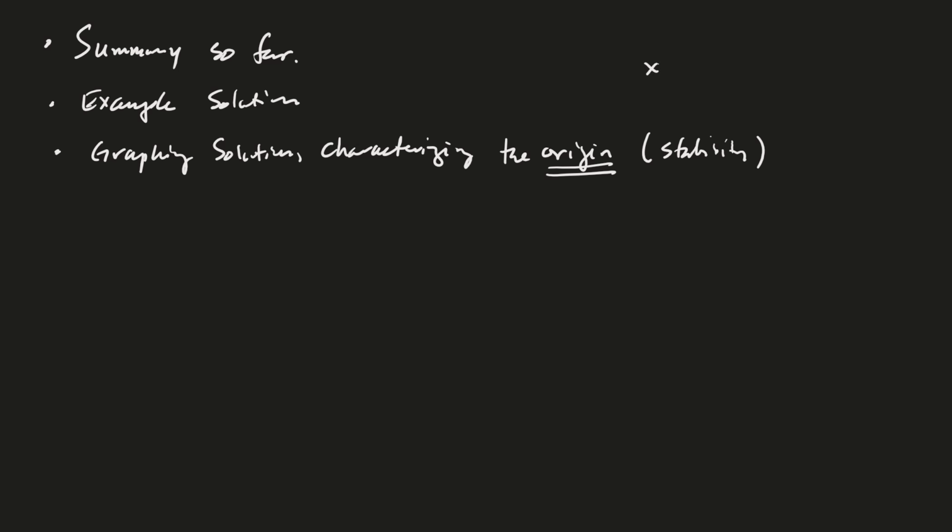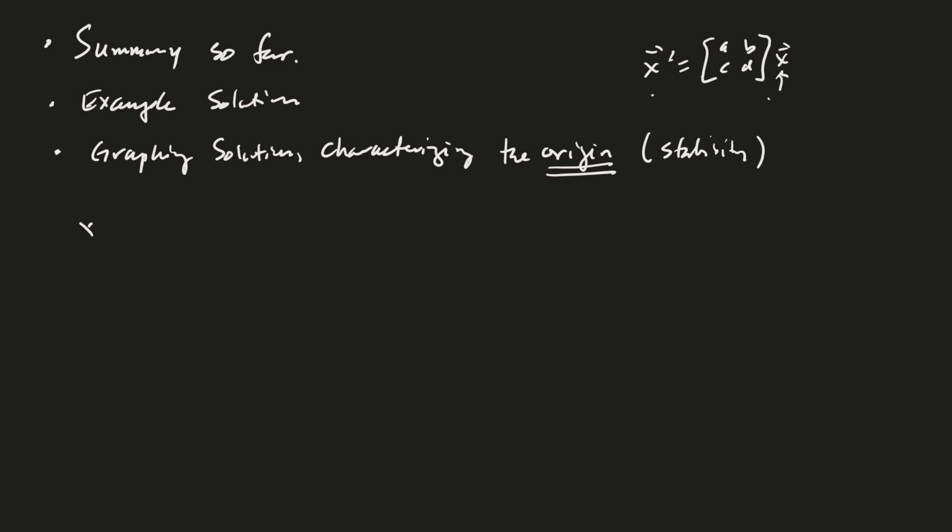So if I have x prime equals [a b; c d] times x, if you put in x equals 0, x prime is equal to the zero vector, and so that means that it's always an equilibrium solution. Okay, good. So let's go ahead and get that summary going here.